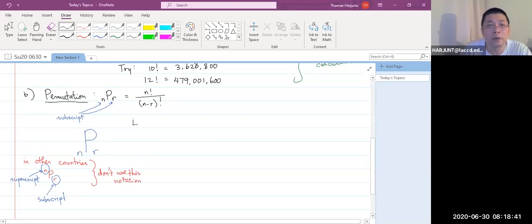For example, let's say we have 5 permutes 3. That will be 5 factorial over 5 minus 3 factorial, which is 5 factorial over 2 factorial.